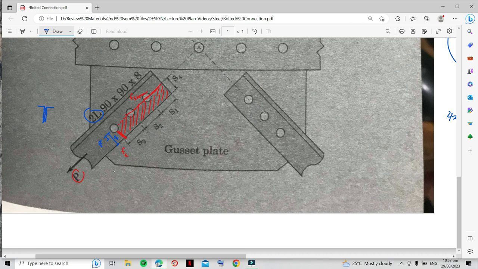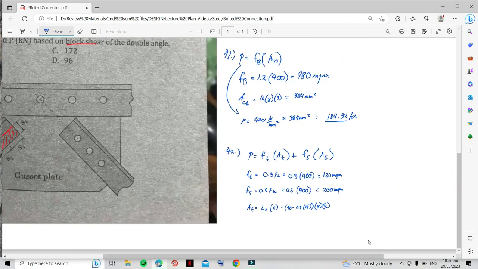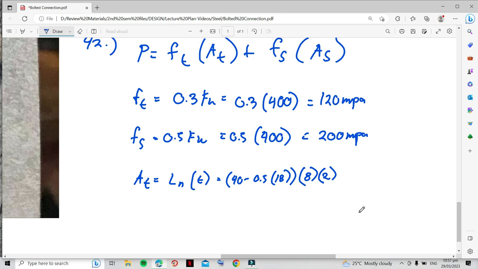So that's your member cross section. So you should multiply it by 2. Okay, we have 40 minus 9 times 8 times 2 is 496 mm squared.